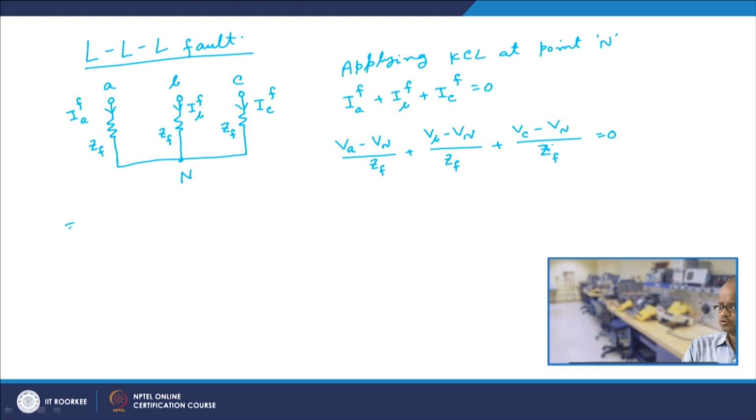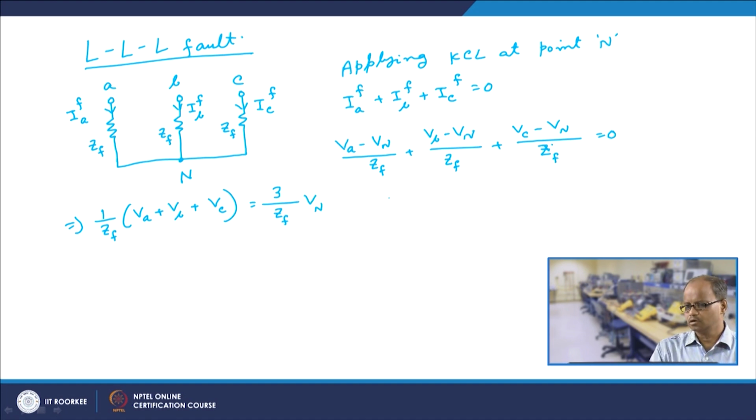Therefore, 1 by ZF into (VA plus VB plus VC) is equal to 3 by ZF into Vn. In other words, Vn is nothing but the average of Va plus Vb plus Vc.